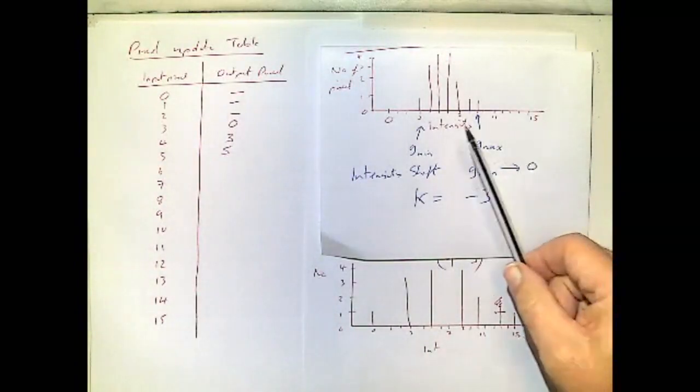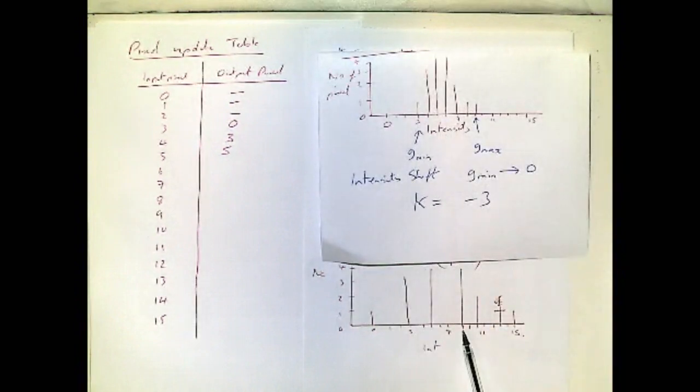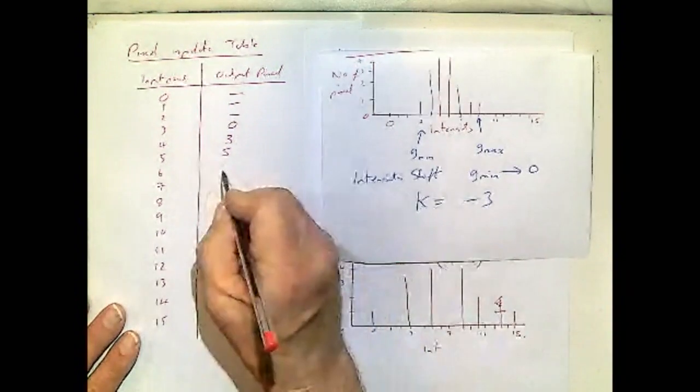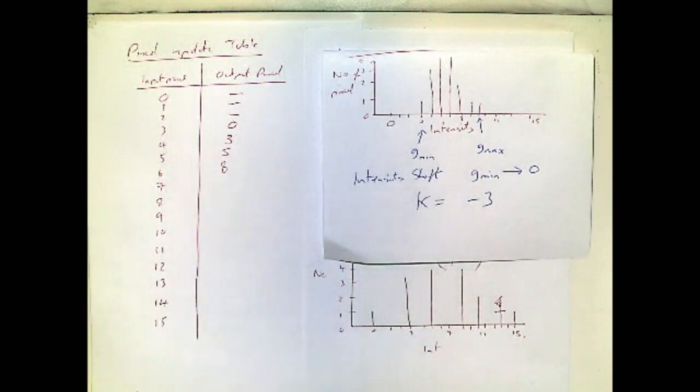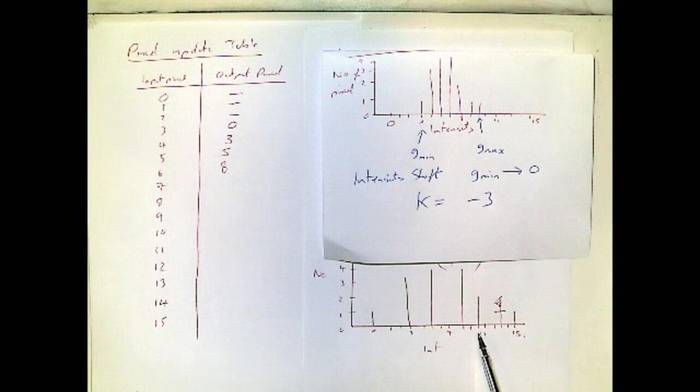The pixels at value 6 are now going to go to pixel value 8. Pixels at intensity 7 are now going to go to 10.